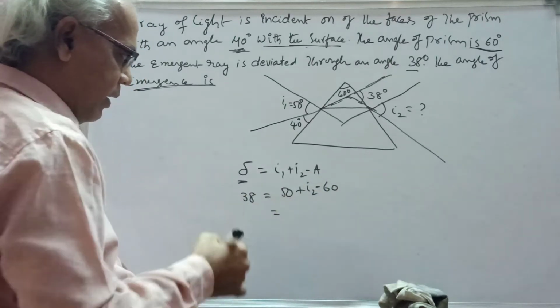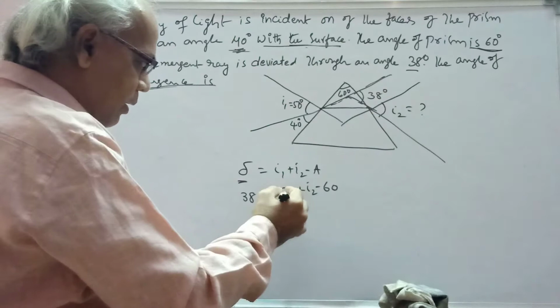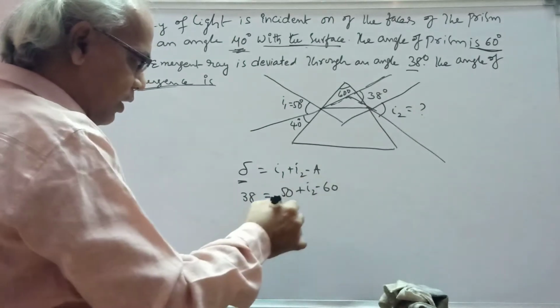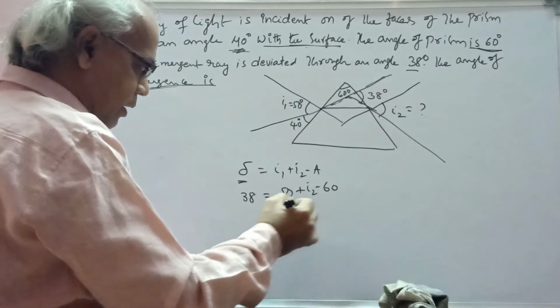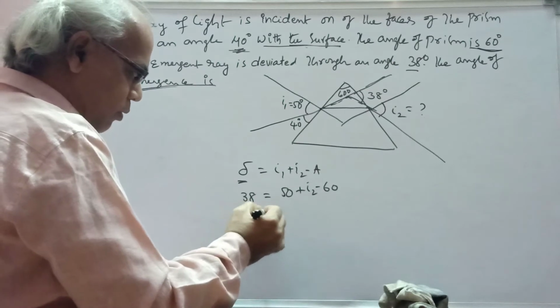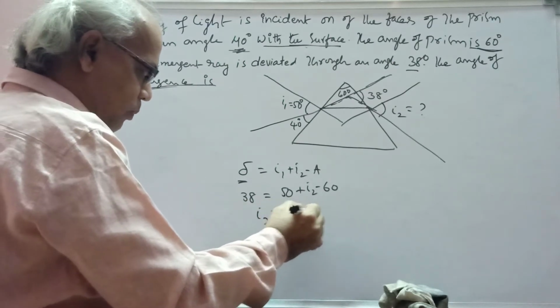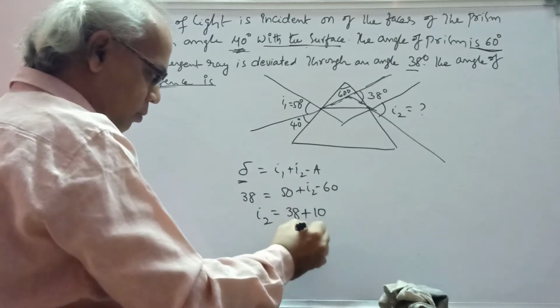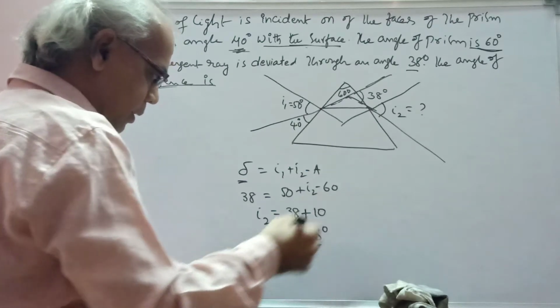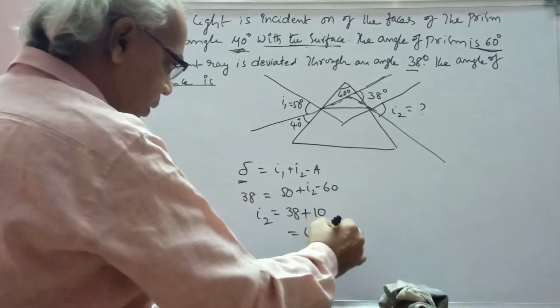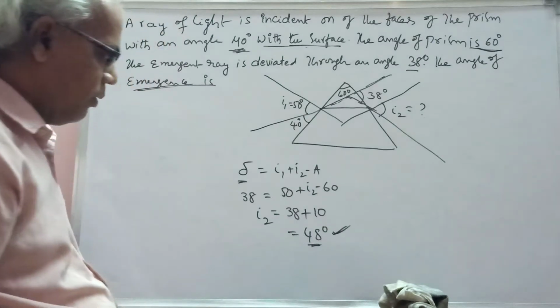The value 50 minus 60 is minus 10. Then I2 is equal to 38 plus 10, that is equal to 48 degree. The angle of emergence is 48 degree.